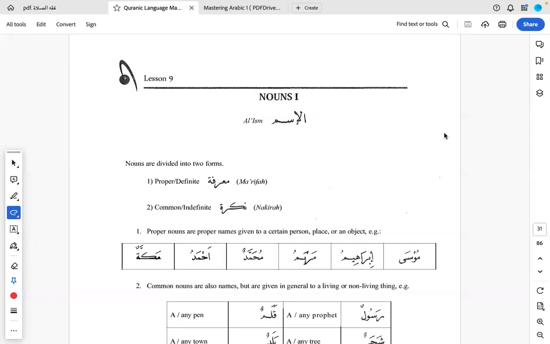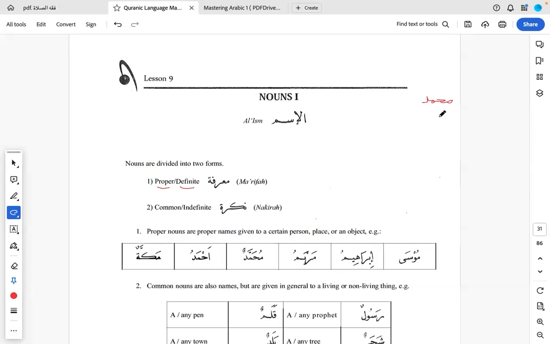So, for example, before reading the examples that we have in front of us, if we have a very simple example here. So if we have two things here in ma'rifa, proper or definite. So proper is when the word is used to refer to a specific place or thing. So when I say, for example, Muhammad, I am referring to a specific person that has the name Muhammad.